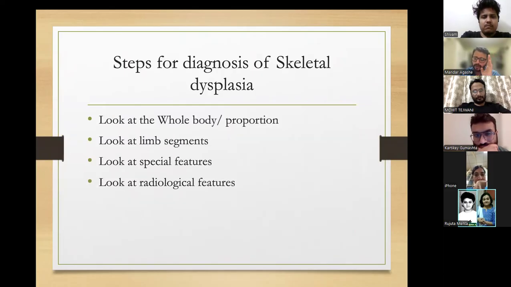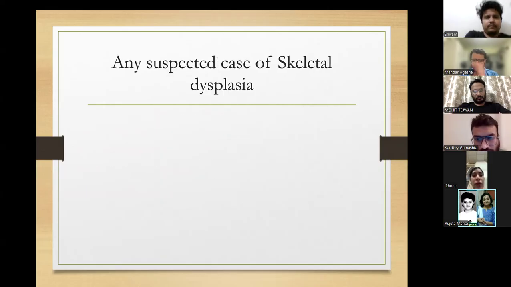The most important way of diagnosing skeletal dysplasias is looking at the radiological features. So I'm going to put forth 4 different identifying factors to identify orthopedically important skeletal dysplasias, right? If you look at any X-ray of a suspected skeletal dysplasia, you should look at 4 things.